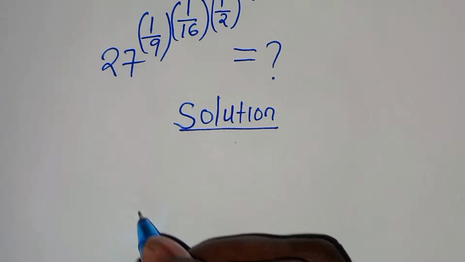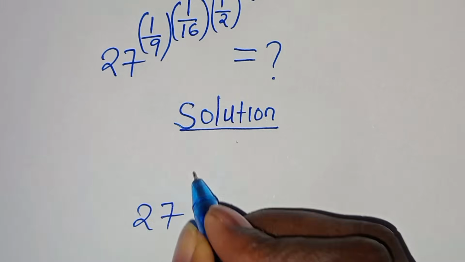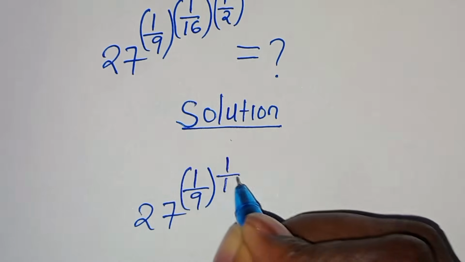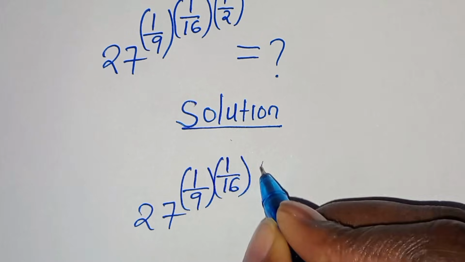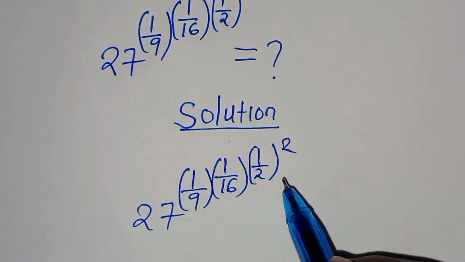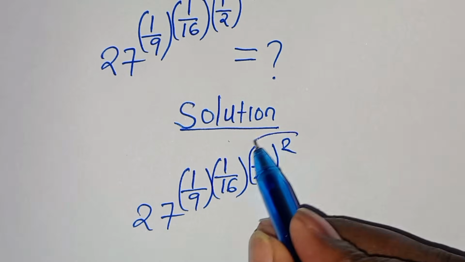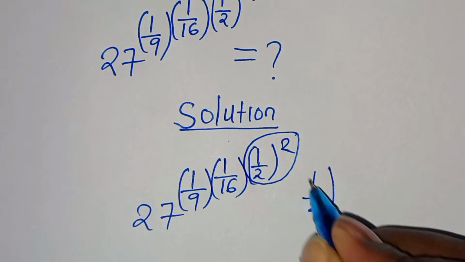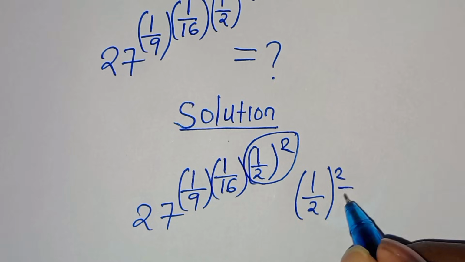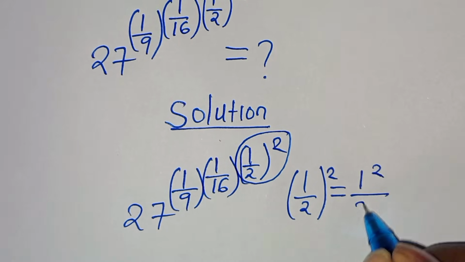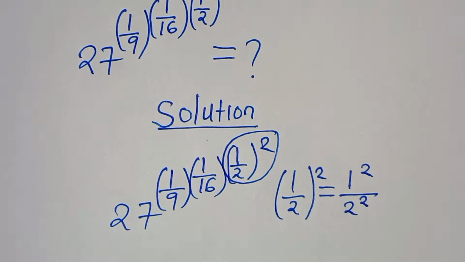So here we have 27 raised to the power of 1 over 9, raised to the power of 1 over 16, raised to the power of 1 over 2, then raised to the power of 2. Now, if we check 1 over 2 raised to the power of 2, this is the same thing as 1 to the power of 2 divided by 2 to the power of 2.